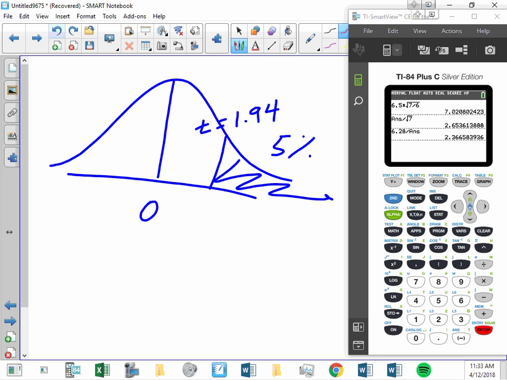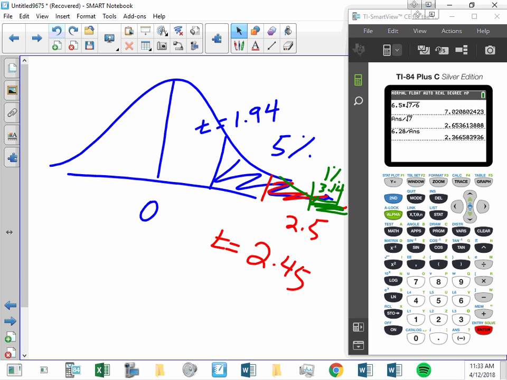And the cutoff for 2.5% is t equals 2.45. And just to show you, the cutoff for 1% is 3.14. These are t values. If you are to the right of 1.94 SEs, that means there is 5% to the right of 1.94 with 6 degrees of freedom. Okay?